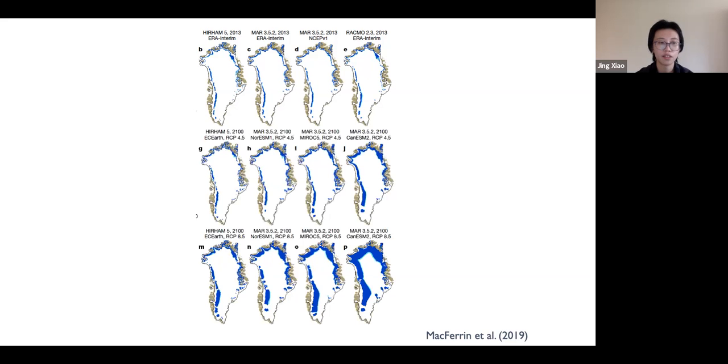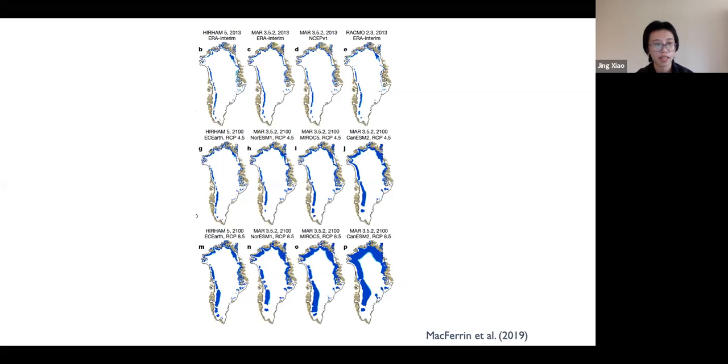And these two rows are different predicted results by the end of this century. They were forced by different global climate models under different emission scenarios, for example, RCP 4.5 in the middle row and RCP 8.5 in the bottom row.